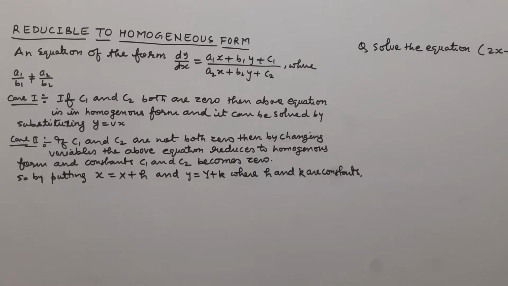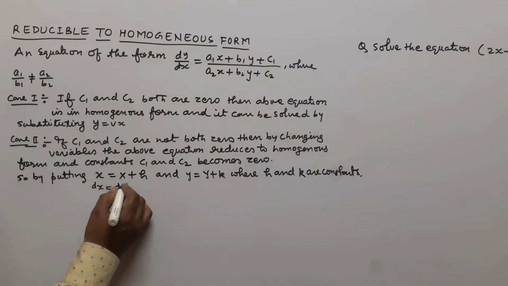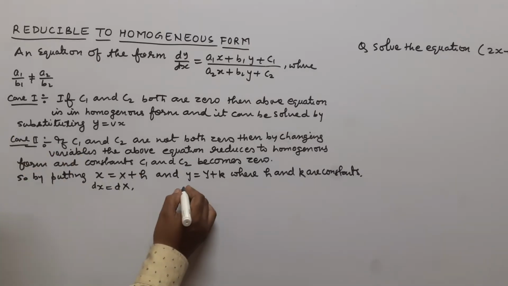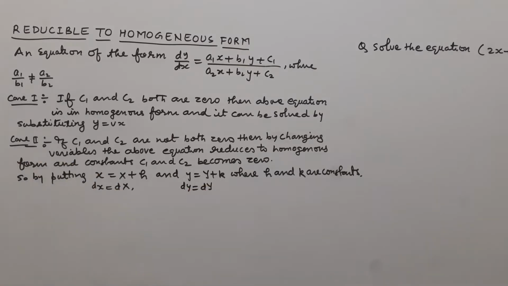Here, for changing the above equation into homogeneous form, we always put x is equal to capital X plus h and small y is equal to capital Y plus k, where h and k both are constants. Now we differentiate this with respect to capital X, we get d small x is equal to d capital X because h is constant, and d small y is equal to d capital Y, and k is constant, so differentiation of k and h is 0.